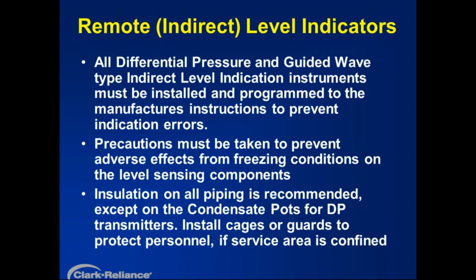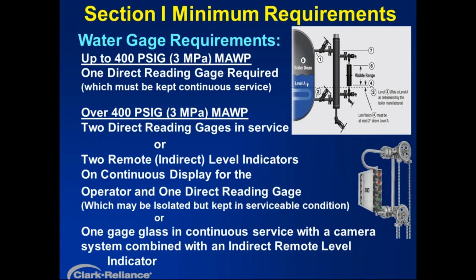Any level instrument or gauge glass by itself is going to be the furthest item extending out from the boiler, and by its nature, it will condense from top to down to the water line. So if you insulate all the piping leading up to it, you control that amount of condensate and help keep it from being too excessive. All right, next slide.